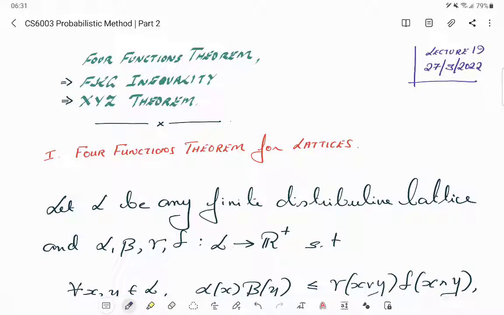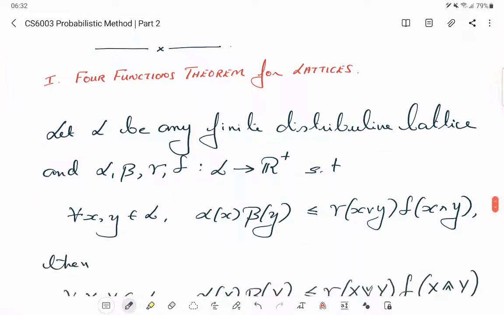The original four functions theorem was stated in the context of the power set with the subset relation. It can be generalized to any finite distributive lattice because of this isomorphism. This is Birkhoff's representation theorem that we saw in the last class.